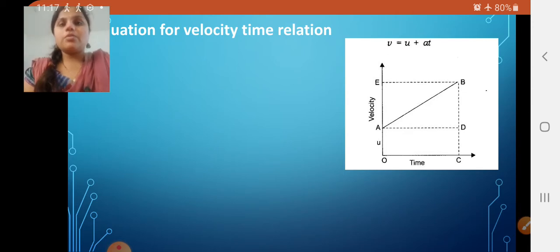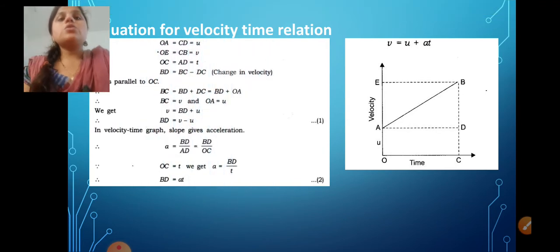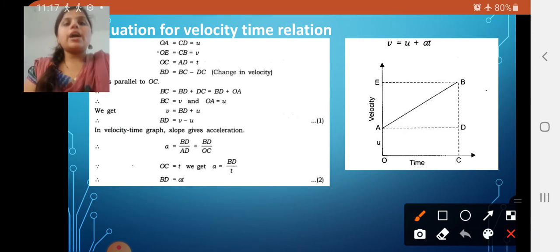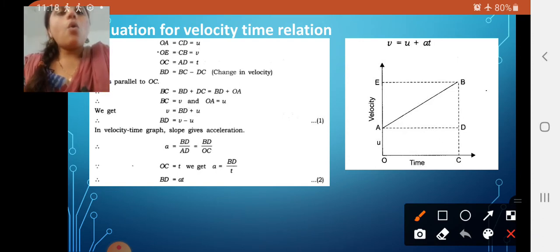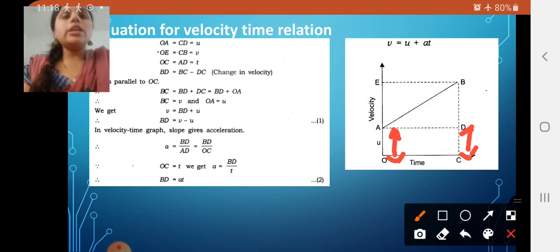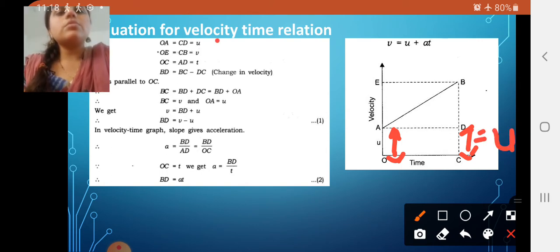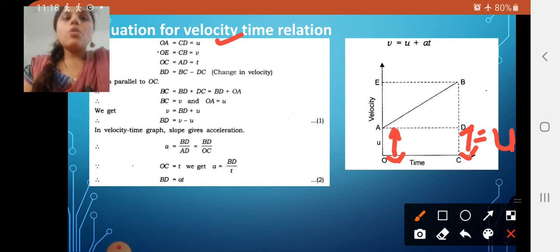Now you can see the clear picture to derive the velocity time relation graph. While solving the derivation, first check what data we have. You can see some given data here. OA is equal to CD, represented as u. Once again, OA is equal to CD is equal to u.